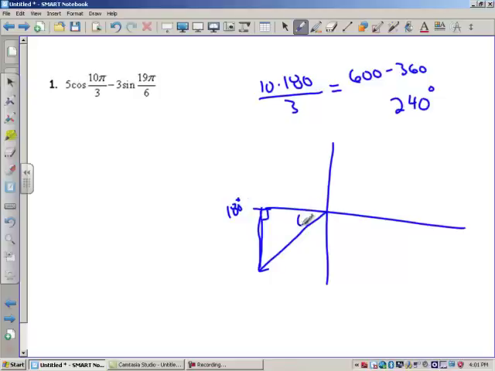Well, 60 degrees past 180. So this reference angle is 60 degrees. This other angle is a 30-degree angle, so now I'm ready to label my sides. Across from the 60-degree angle, we put a square root of 3, but we call it negative because we went down. Across from the 30-degree angle, we put a 1, but we call that negative because we went left. And of course, we know the hypotenuse gets a 2.